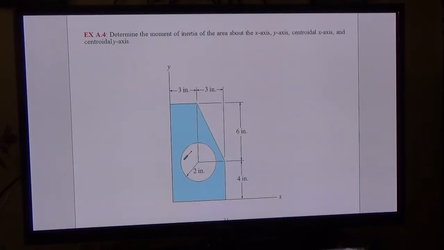But a shorter way to do it would be to use a rectangle here as a positive area, a triangle here as a negative area, and a hole of a circle right here as a negative area. This would only be 3 parts instead of 4, and it'd just make the calculation go a little bit faster.